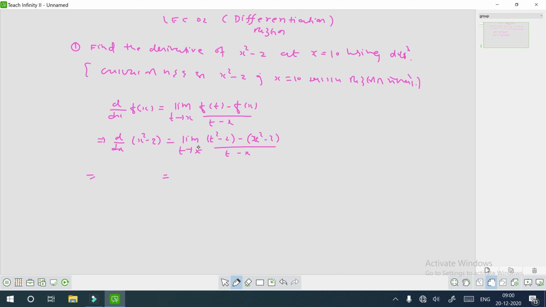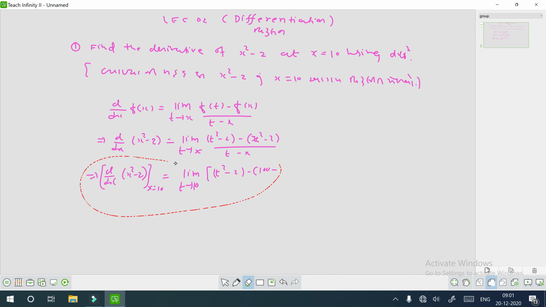And this implies d by dx of x square minus 2 at x is equal to 10. So take x is equal to 10, so limit t tends to 10, t square minus 100.